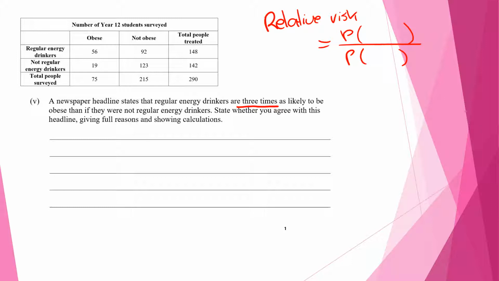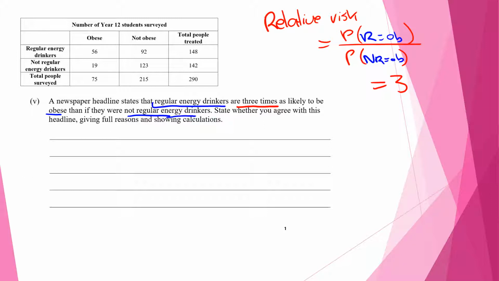So they are saying that this answer would be 3. The newspaper states that regular energy drinkers are 3 times more likely to be obese than if they were not regular energy drinkers.